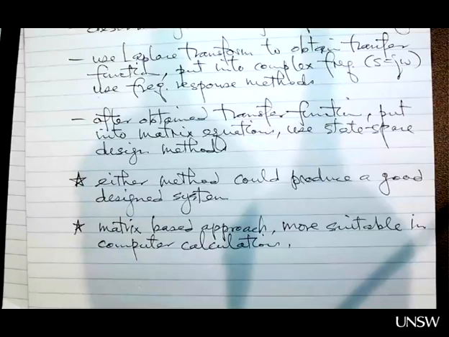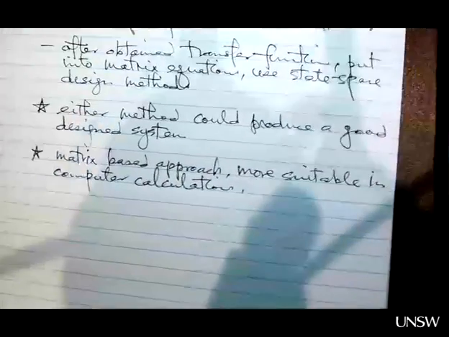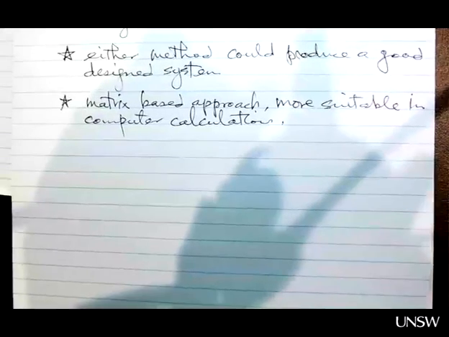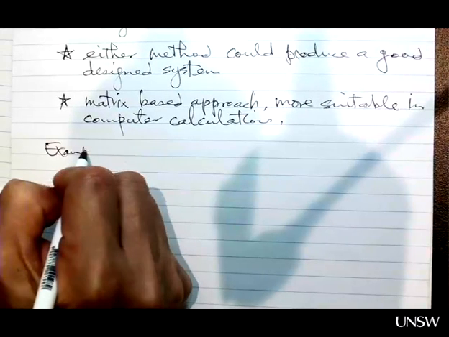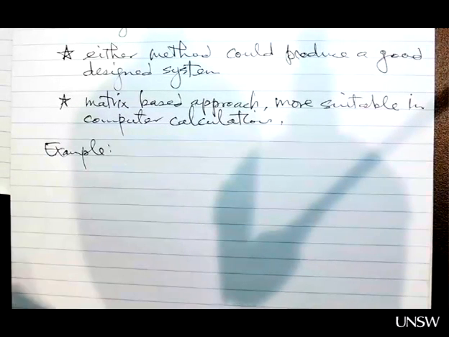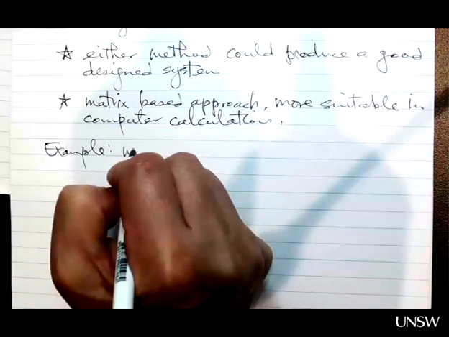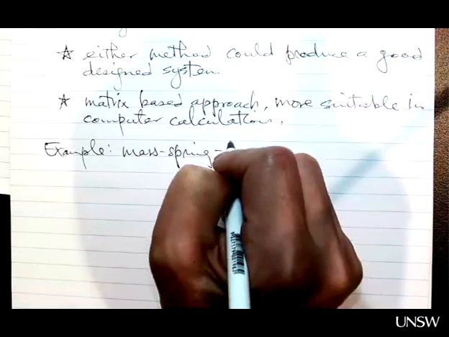Then we look at an example, a simple example. So look at the example. We have a mass spring damper system.